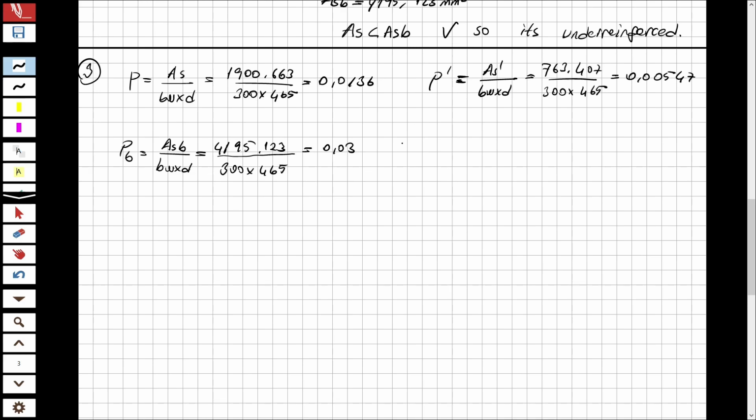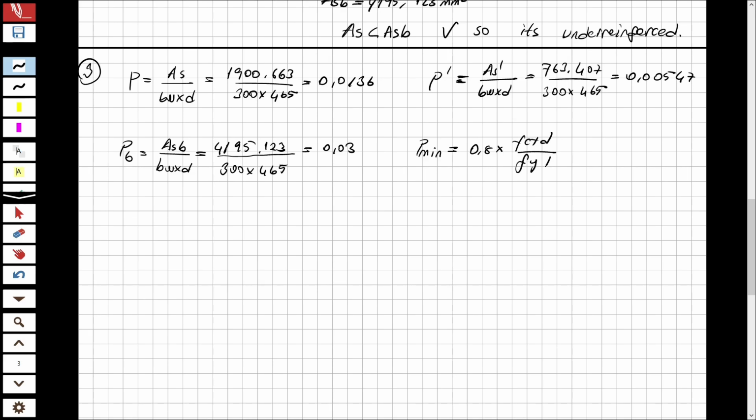And here now I'm going to obtain rho min, the minimum ratio of steel that has to be in the section: 0.8 multiplied by FCTD over FYD. What is FCTD? I wrote it in the question.